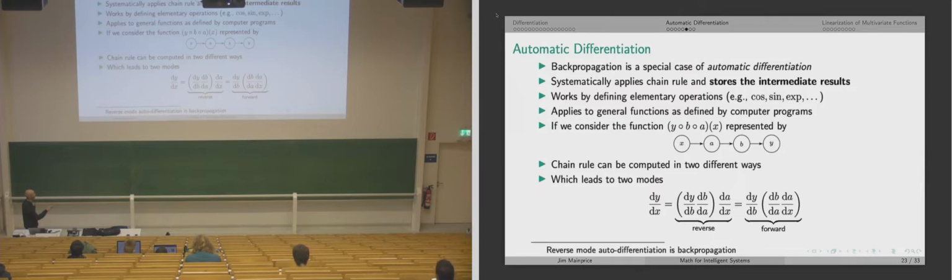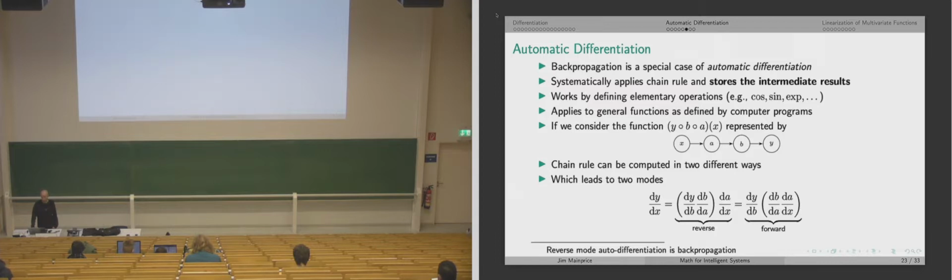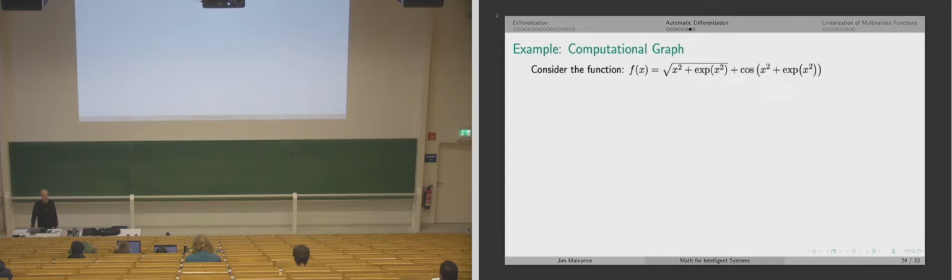Or you can also go from the input towards the output, and this would be called the forward way of computing the derivative. But the important notion here is the computational graph, which remains no matter whether you're doing forward or backward differentiation.